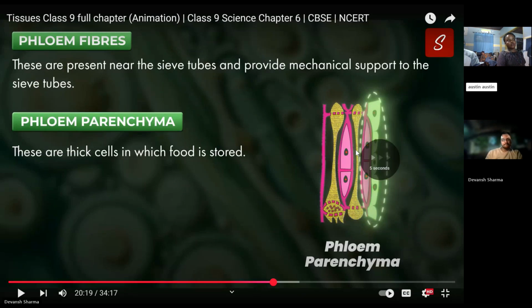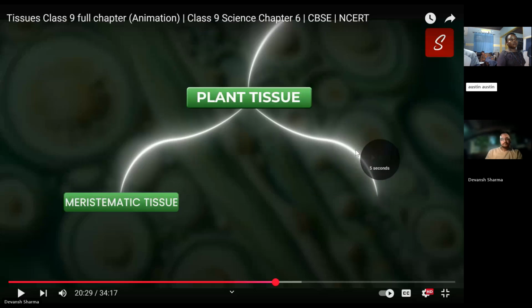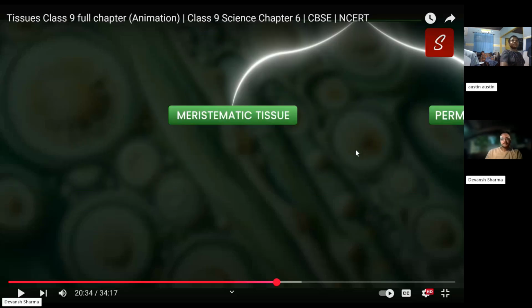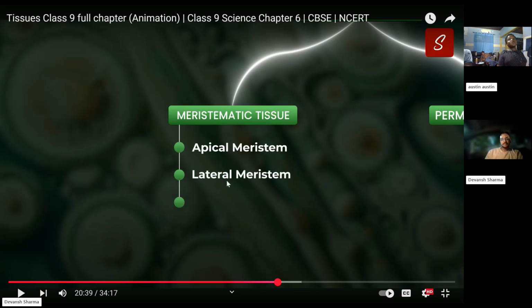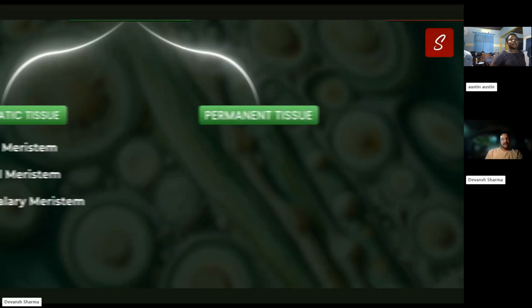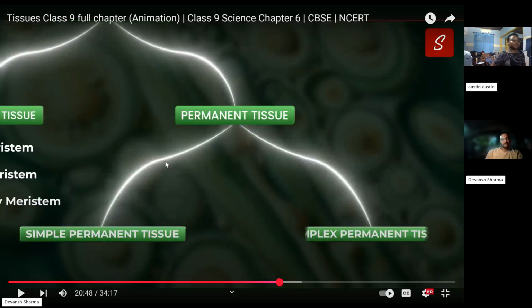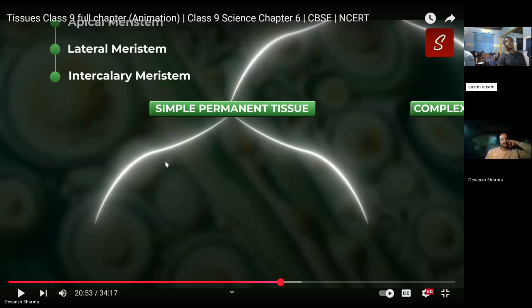Correct it, children. In plant tissue, we have studied meristematic tissue. Meristematic tissue is further of three types: apical meristem, lateral meristem, and intercalary meristem. Permanent tissues are further of two types: simple permanent tissues and complex permanent tissues.